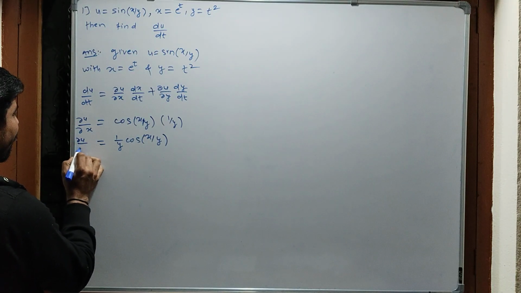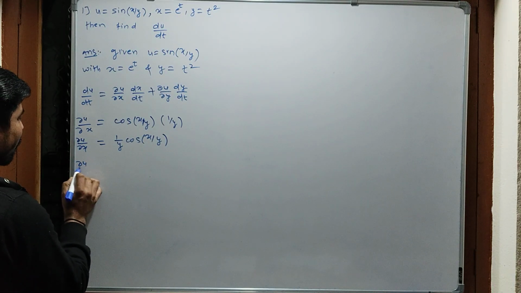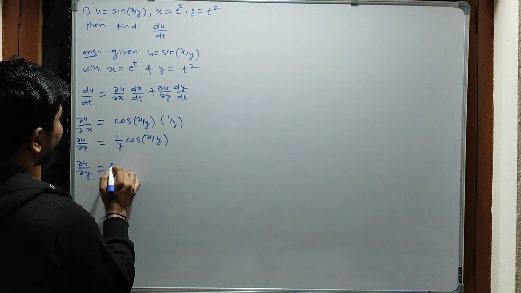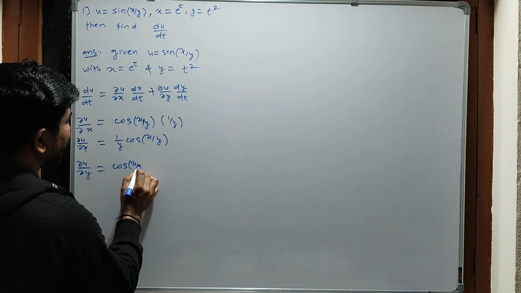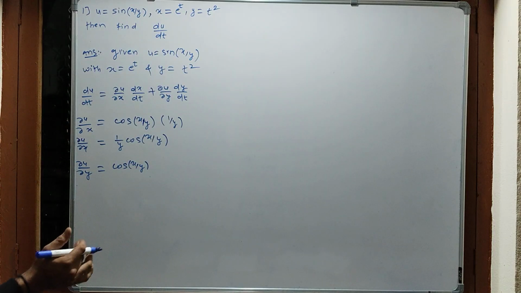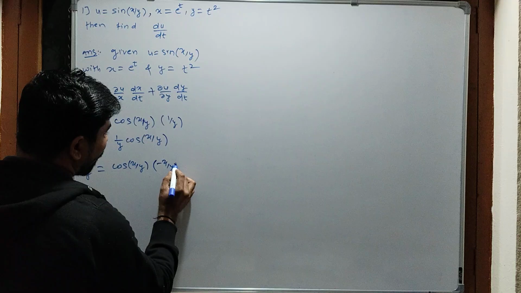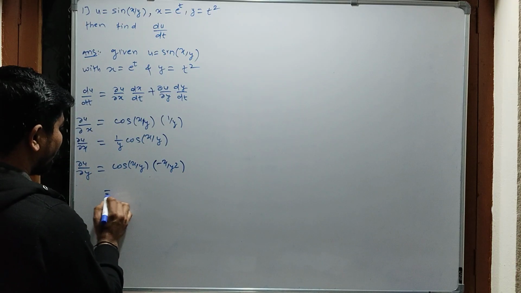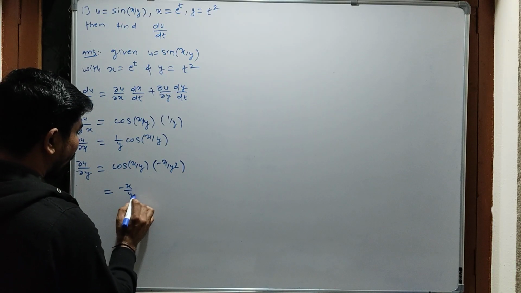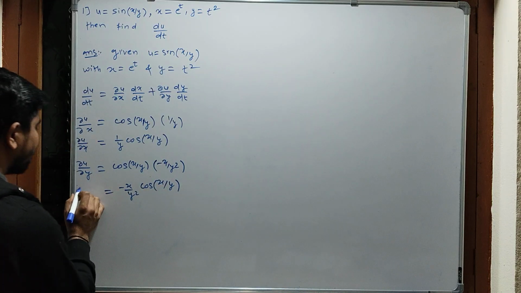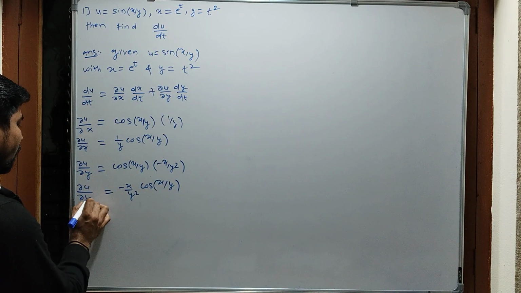This is my dou u by dou x. Now I want to find dou u by dou y. The derivative of sine is again cos of x by y, and the derivative of x by y with respect to y is minus x by y square. So this is equal to minus x by y square cos of x by y. This is my dou u by dou y.